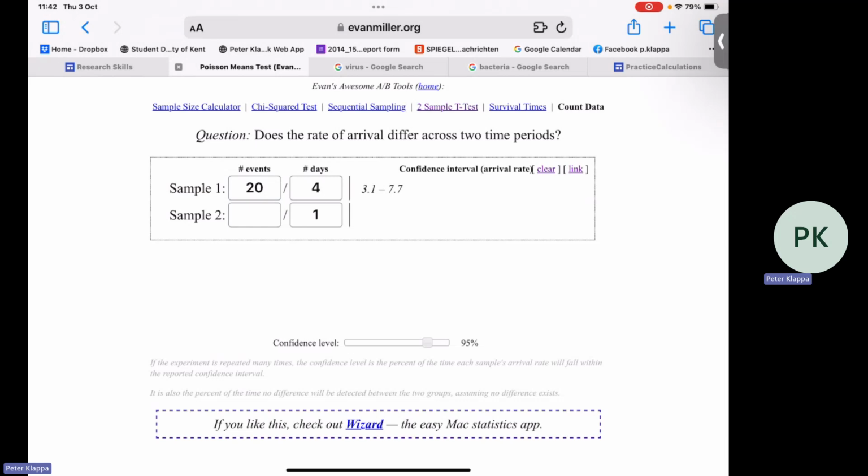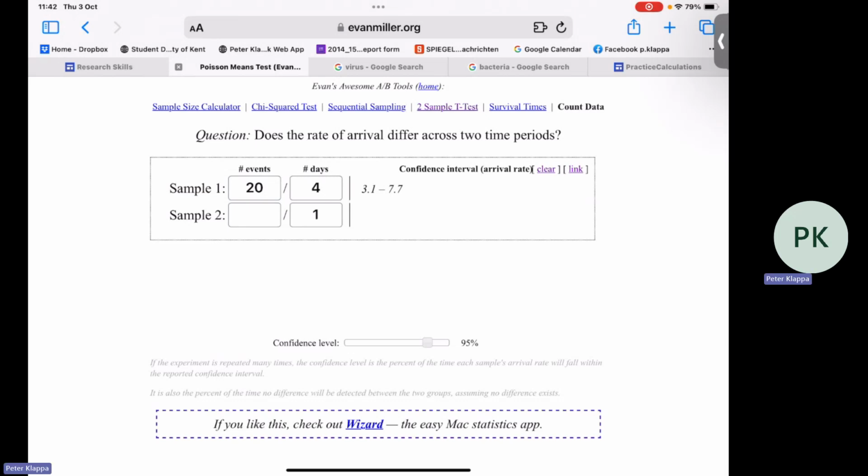Of course, we can calculate the estimate: 20 divided by 4, we would expect 5 raisins. The confidence interval for that is 3.1 to 7.7. That is the 95% confidence interval for the number of raisins on average for our confidence interval for count data.